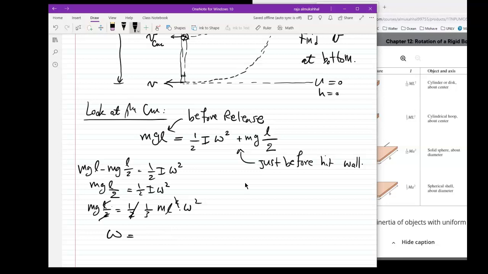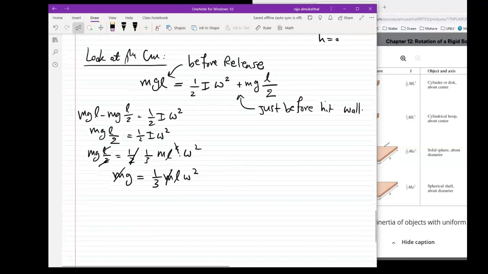I'm looking at my notes and I'm doing it in a different way. Let's do it slowly. I have mg equals 1/3 ml omega squared, and the m's cancel out. I forgot to cancel the m's. So therefore, omega is equal to the square root of 3g over L. Is that okay? There we go.